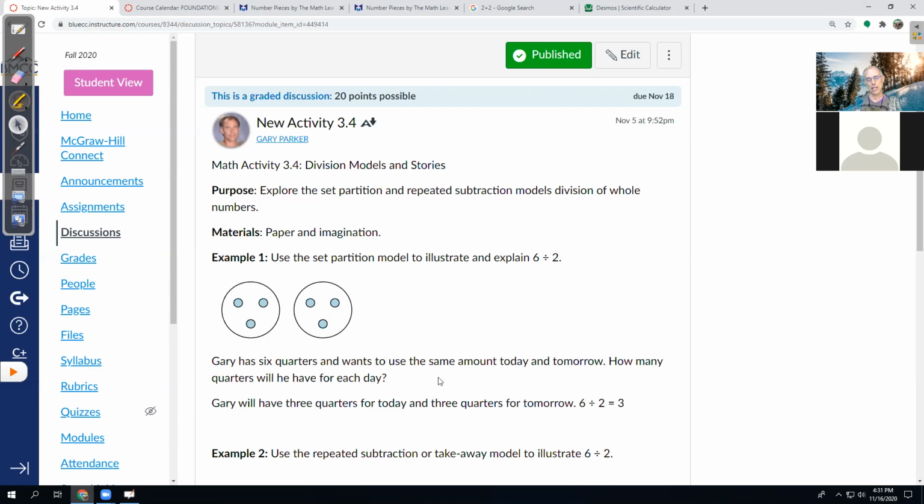And the story I came up with for that was Gary has 6 quarters and wants to use the same amount today and tomorrow. How many quarters will he have for each day? And so this shows that he will have 3 quarters for each day to use. And so then I summarize it down here after I wrote my story and drew my picture. So this is a picture of the set partition. Here's a story related to set partition, and here's my statement about it after.